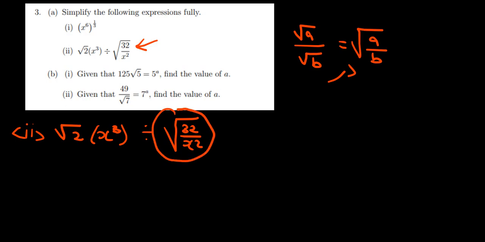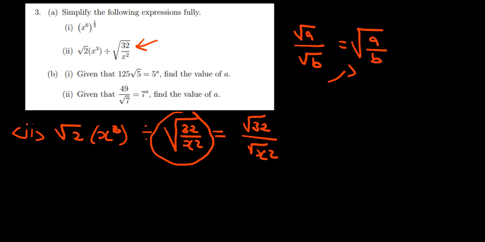So this part will be equal to the square root of 32 divided by the square root of x squared. And we know that the square root of x squared will just be x. Here we notice that we have a 32, and we can write it as 16 multiplied by 2.